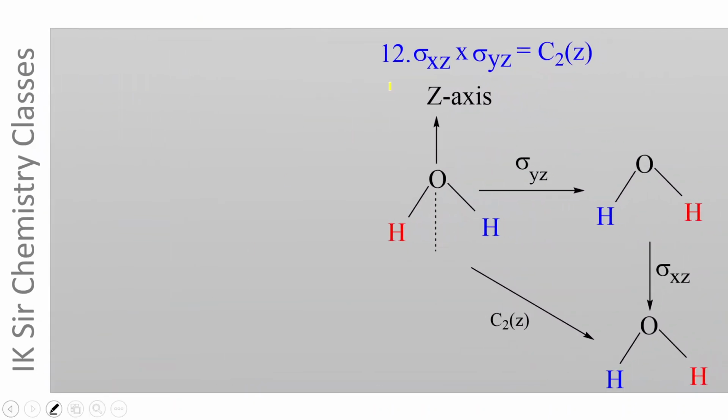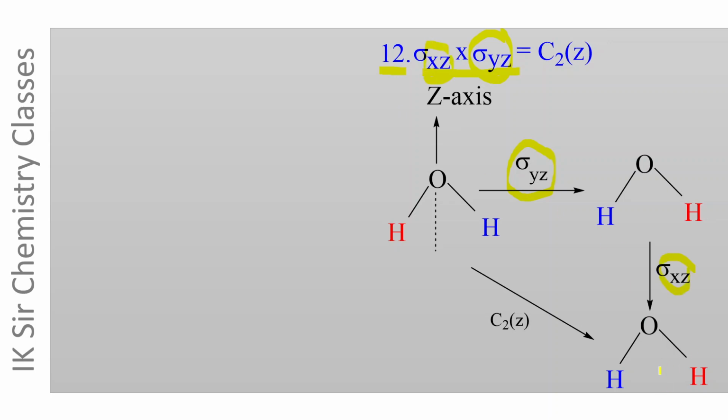Let us consider the product at position number 12, sigma yz multiplied by sigma xz. Here also the symmetry operation written on the right hand side is carried out first, followed by the symmetry operation written on the left hand side.